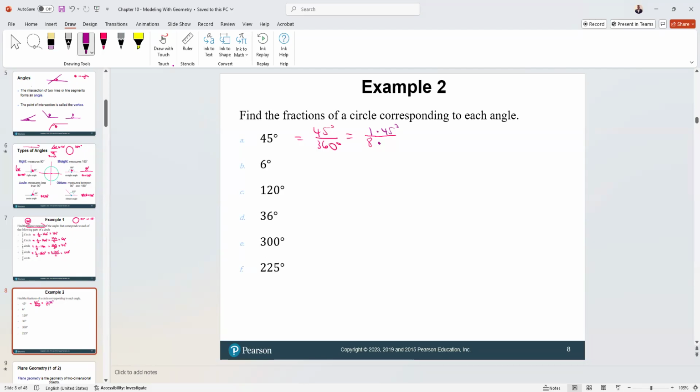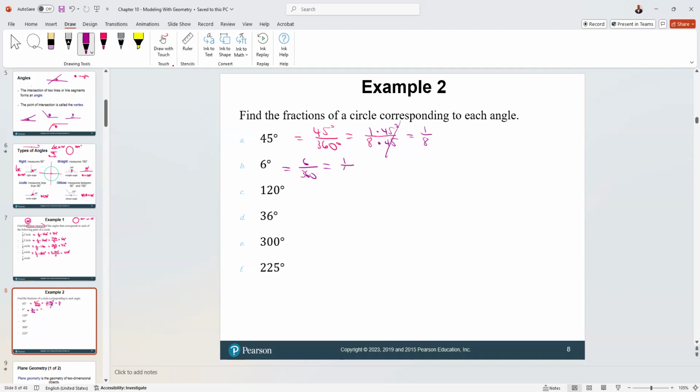If I grab my calculator, I can see clearly that if we take 360 divided by 45, it gives us 8. So that means 8 times 45. When you cancel these two, you have only 1/8 left. So that's how you need to do each of them. You do 6 over 360, which would be 1 over 60.